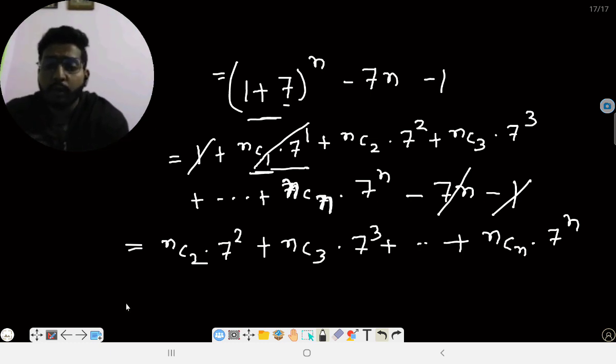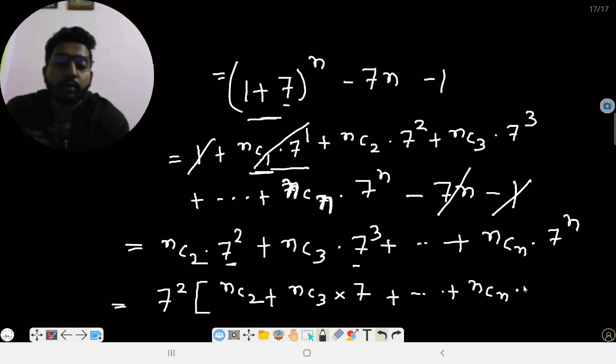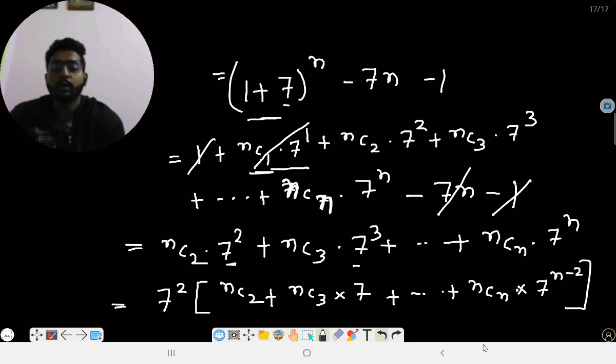Now from this overall we can see what is the common element: 7 square. Now from here we can take 7 square. If I take 7 square, that will become nC2 plus nC3 into 7 to the power 1 plus dot dot dot nCn into 7 to the power n minus 2, like this.